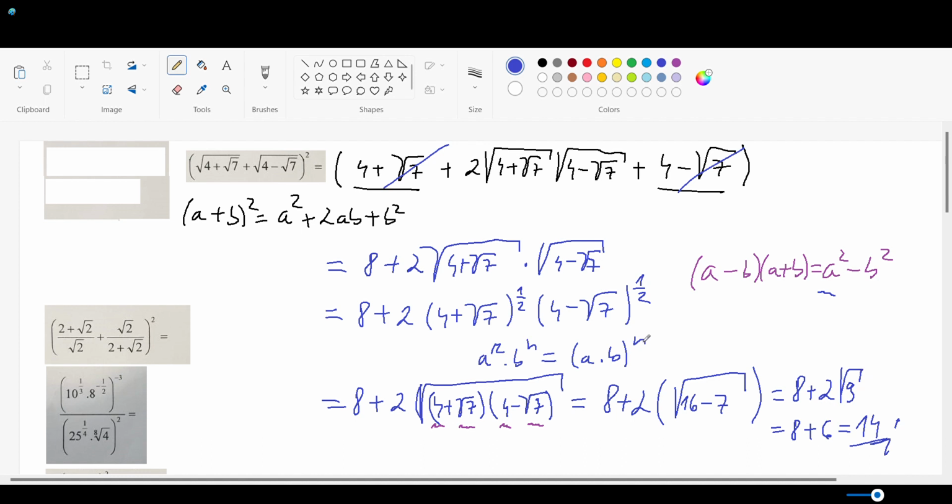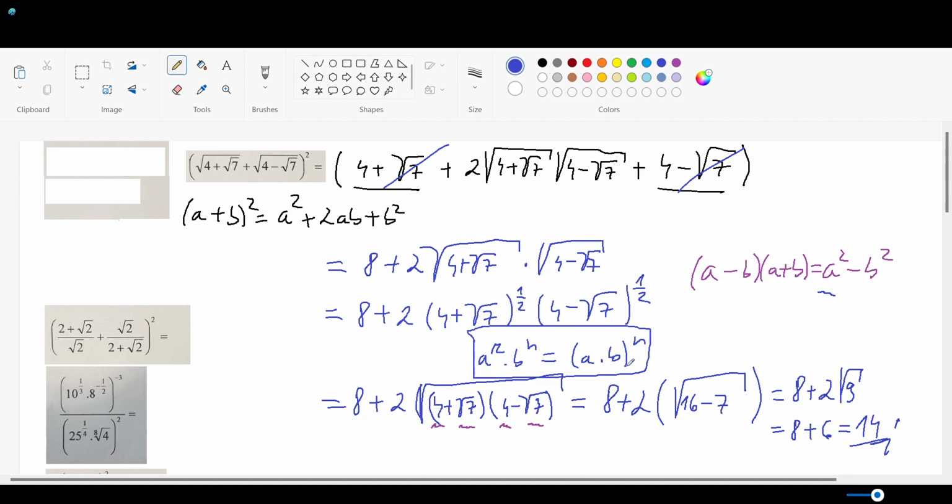Okay, this one was really a little bit tricky, so you better watch this solution like 2 times. I was not sure about coming from this step to this step. That's why I used the super special formula. I have rewritten this multiplication by using not radicals, but using the indices. Okay, and then I found out that this really works.